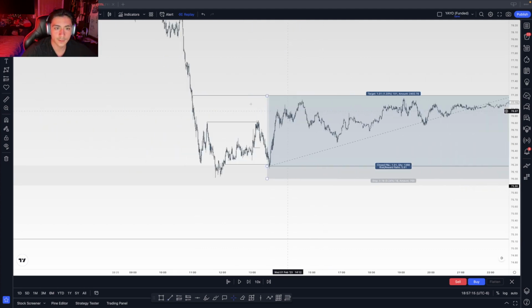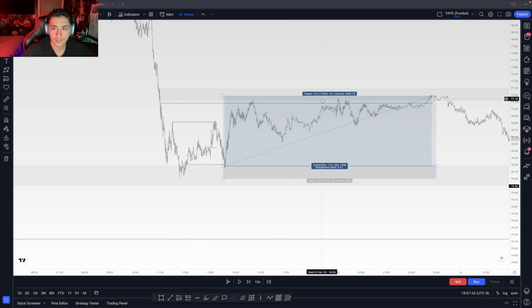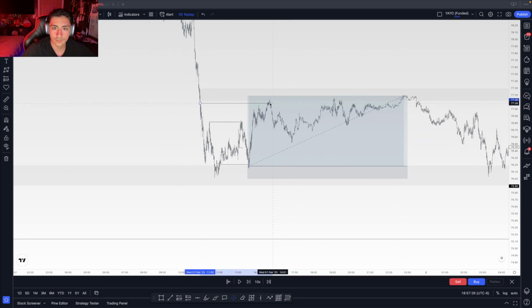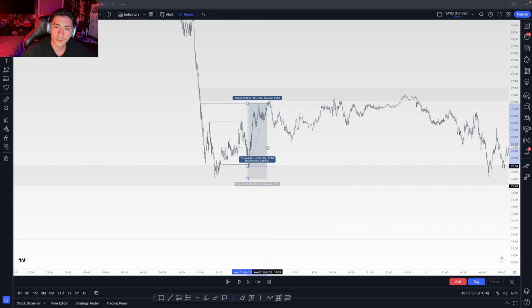So it takes out that IRL and now flows right into order flow. Order flow being right here. So this is actually the IRL. So you can see perfect play there.